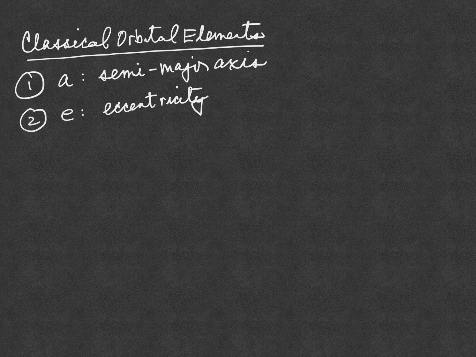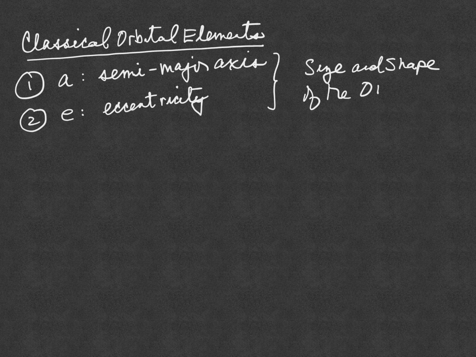Now these 2 orbital elements together provide the size and shape of the orbit. The semi-major axis provides the size, the eccentricity provides the shape. As we saw before, the eccentricity tells us what kind of orbit it is.